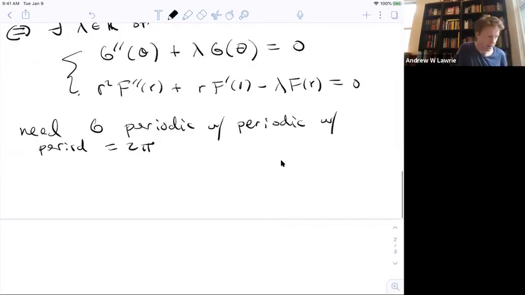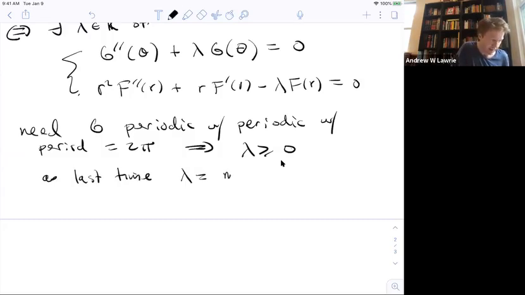Okay, so this means that I need lambda bigger than or equal to 0, as last time, and as last time, the periodicity means that I actually need lambda equal to m squared for m in Z. So lambda is positive, and in fact needs to be equal to an integer squared to give periodicity for g.